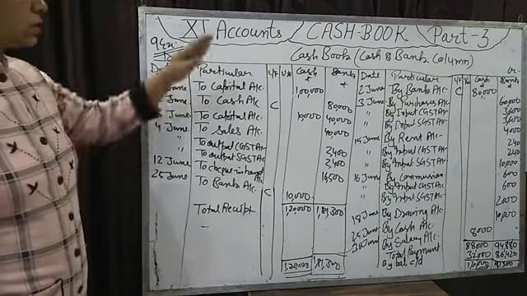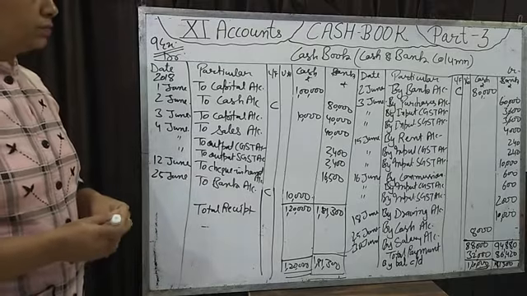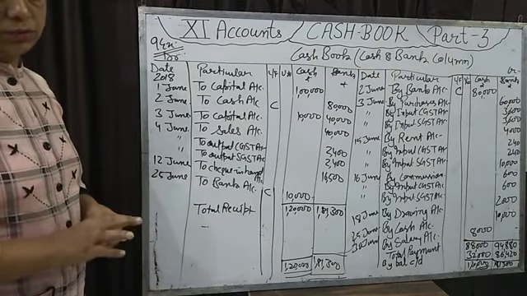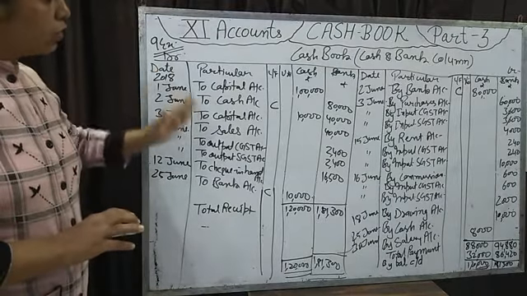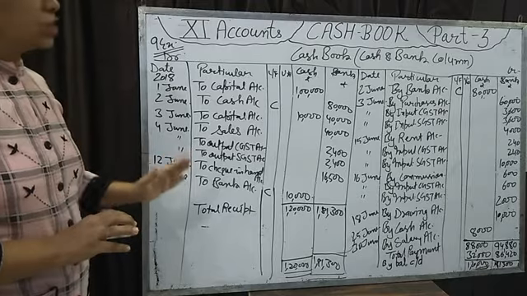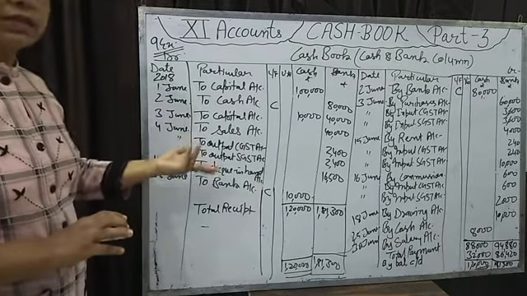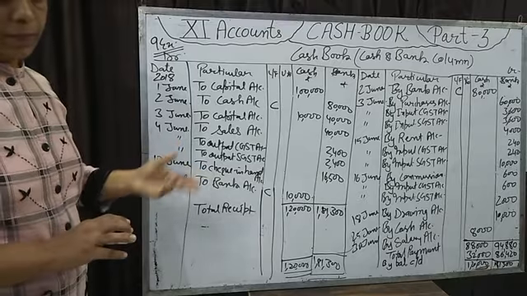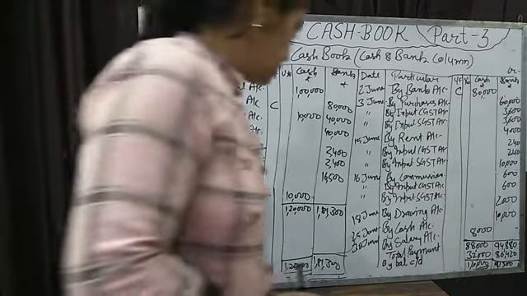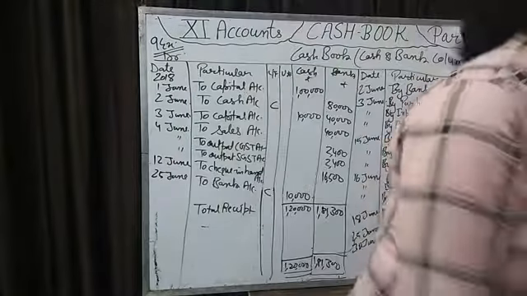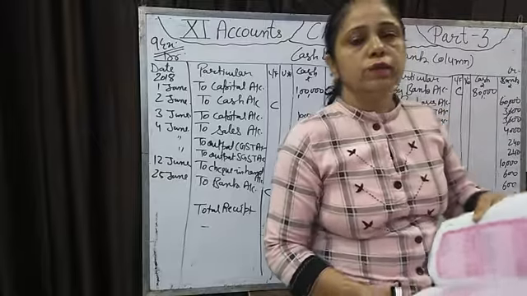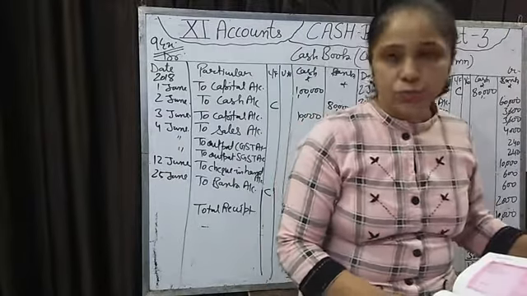Okay, so this is a double column cash book. We will record only those transactions in which our cash or bank balance is affected, increased or decreased. Fine. So students, this week I have delivered 3 video lectures on cash book.